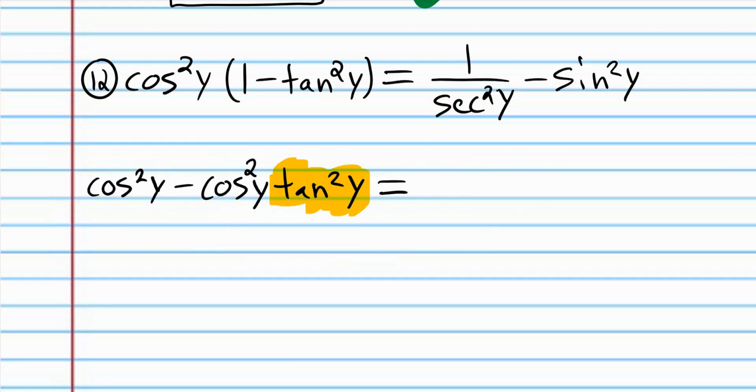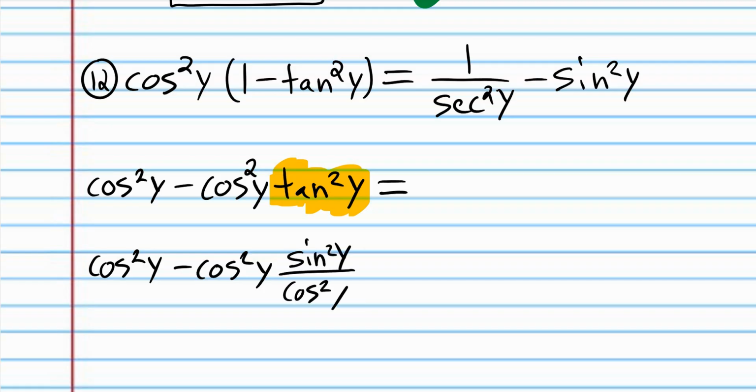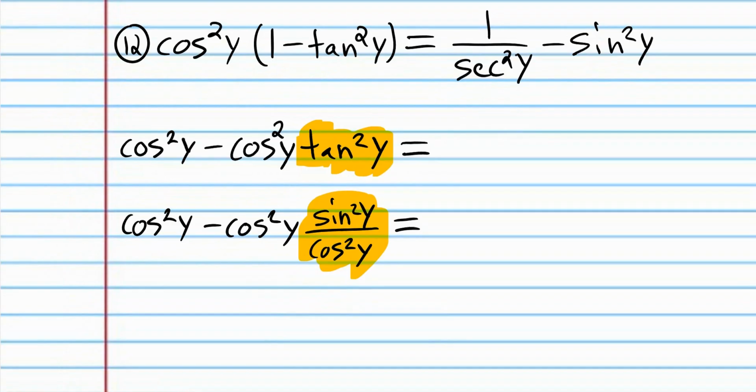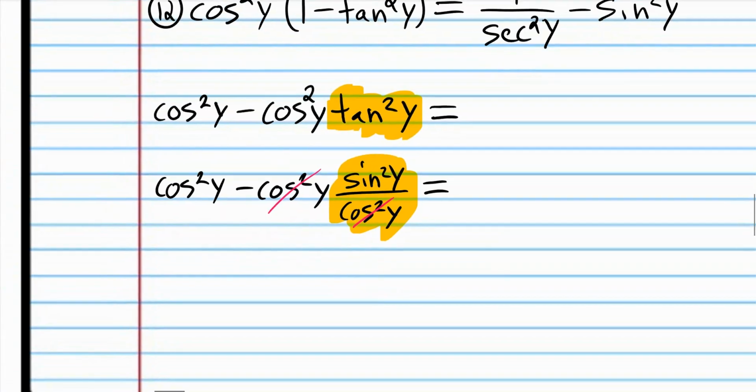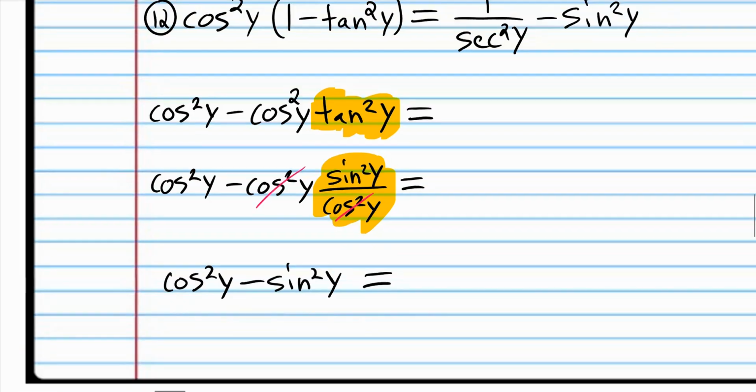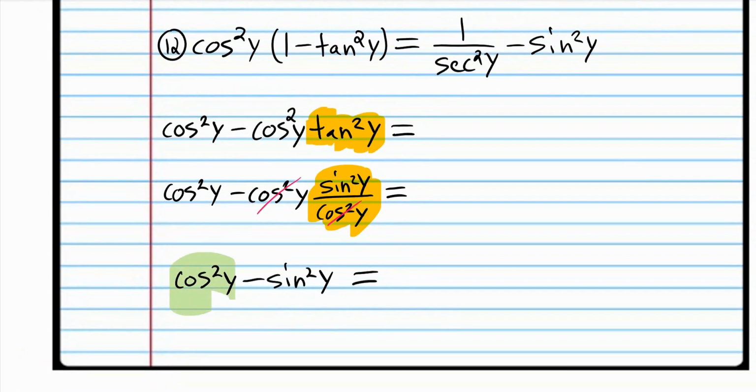Tangent squared y is equal to sine squared y over cosine squared y. And notice that the cosine squared y's cancel out. So we have cosine squared y minus sine squared y. And we need to change cosine squared to 1 over secant squared.